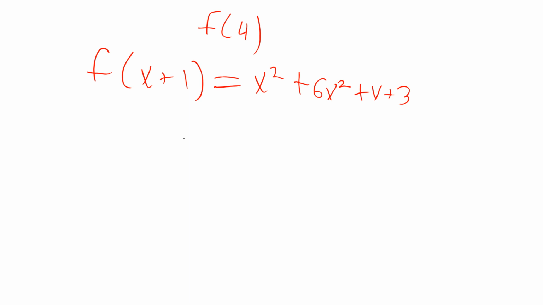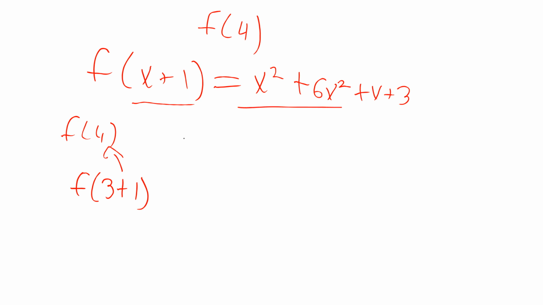When we have x plus 1 right here, in order to get an f of 4, I'm going to put in a 3 here. So we have f of 3 plus 1. 3 plus 1 is 4. So these two are equal. I'm going to put in a 3 in this equation so it satisfies.